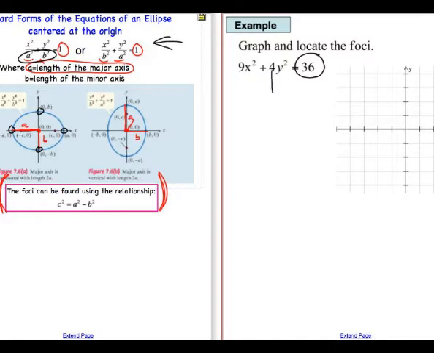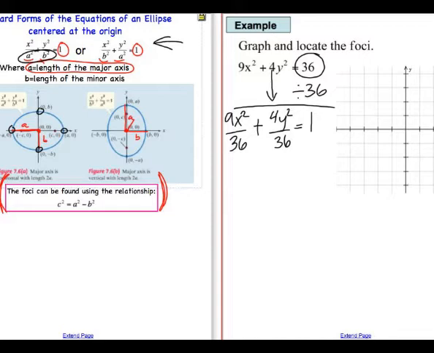So we manipulate it and make it 1 by dividing everything by 36 to make the right-hand side 1. But I have to do everything on the left as well, so I'm going to divide everything on the left by 36 as well to get an equivalent equation. Now I have the 1, and I have everything else on the left-hand side.